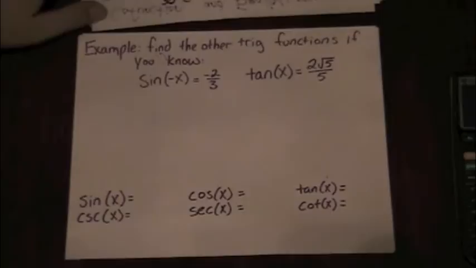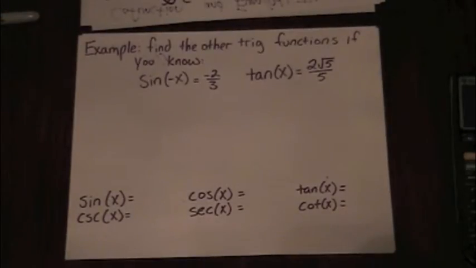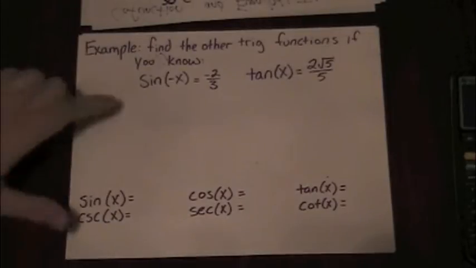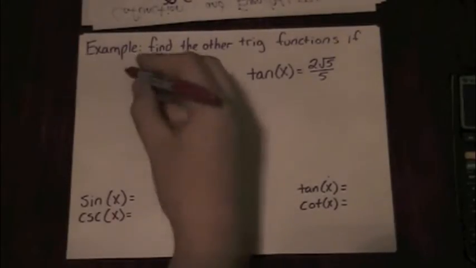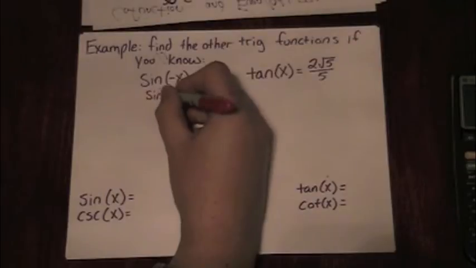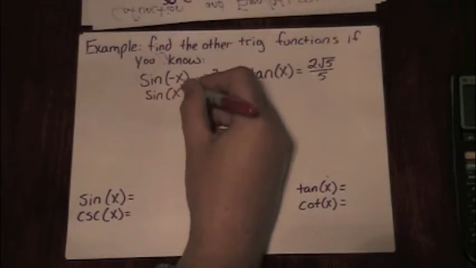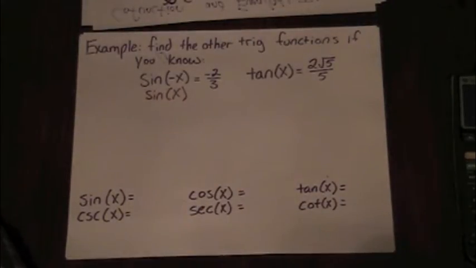Let's look at a couple examples of where we might use these problems. Okay, if I know that the sine of negative x equals negative 2 over 3, well, it might be nice to know the sine of that angle.